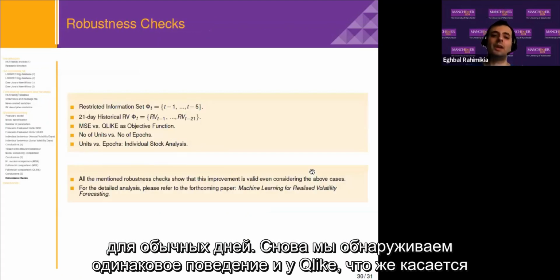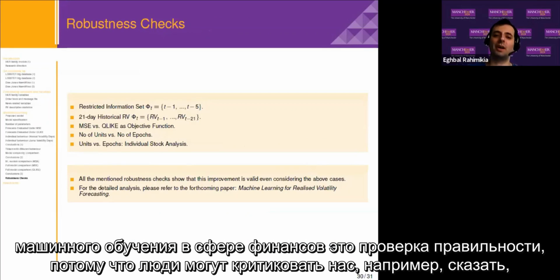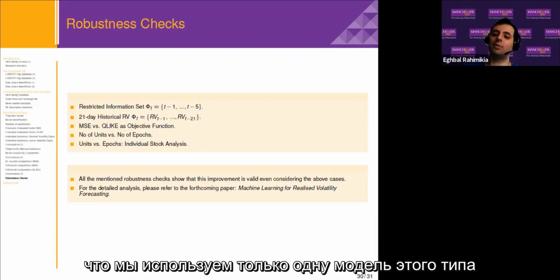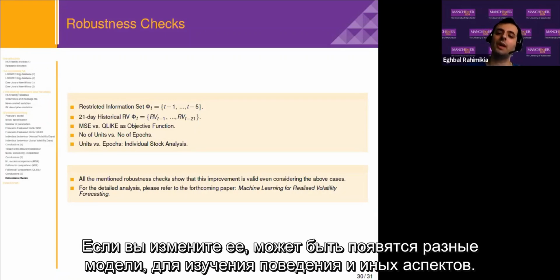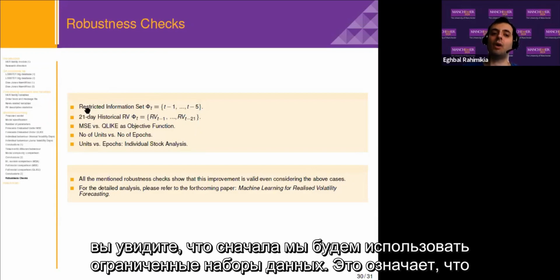And also for the last step, I'm not presenting these steps here, but as I told you, the main point behind machine learning in finance is robustness checks, because people can criticize us. You are just using one model with this kind of parameters. If you change it, maybe the behavior is going to be different. And also you are using more information. So for robustness checks, if you refer to the paper later, we are using a restricted information set.